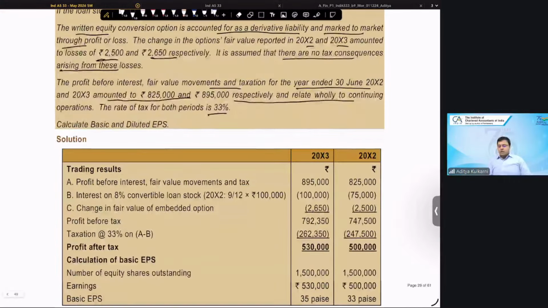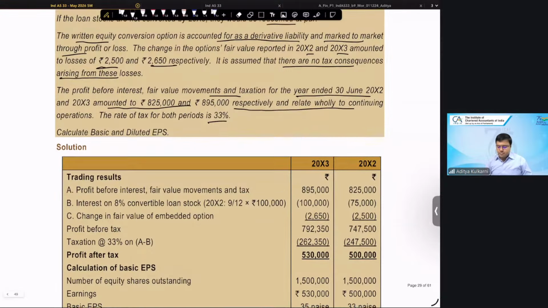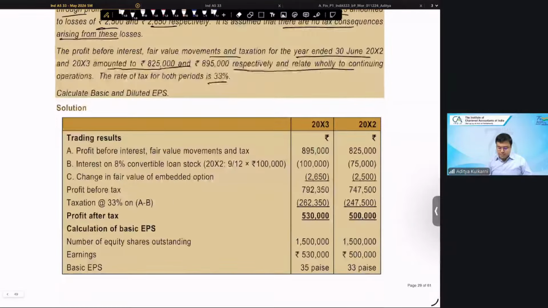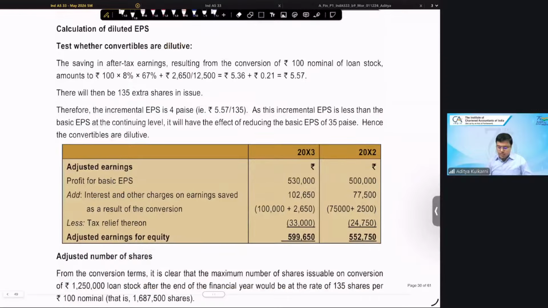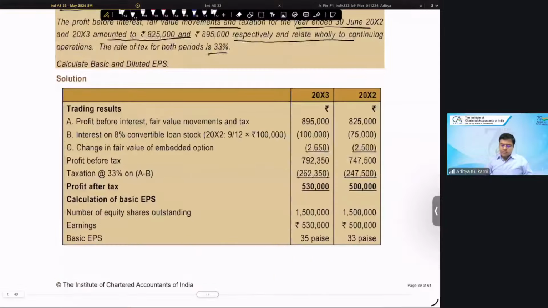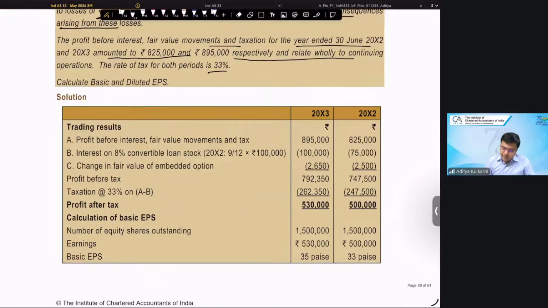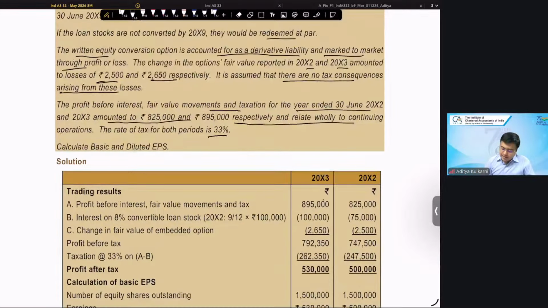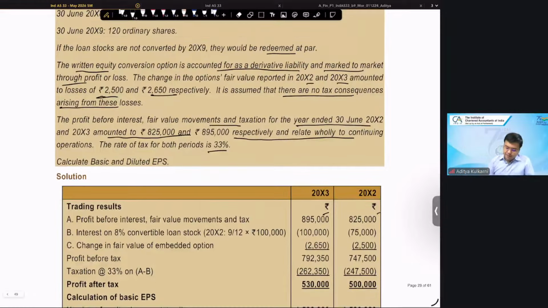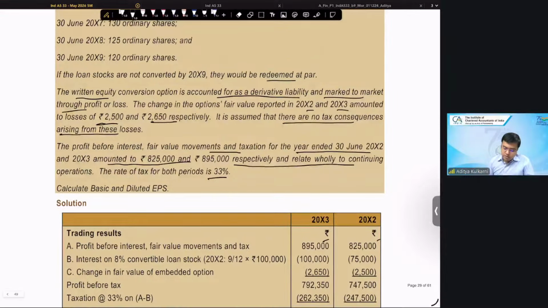Okay, fine. Now let us look at basic EPS first and then we shall move on to diluted EPS. Profit before interest, fair value movements and taxation: 8,95,000 and 8,25,000. Then we calculate interest on the 8% convertible loan stock.